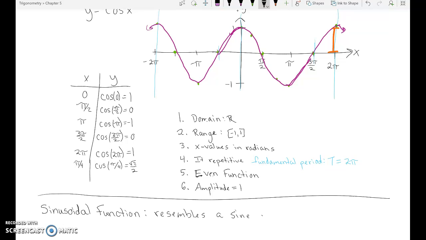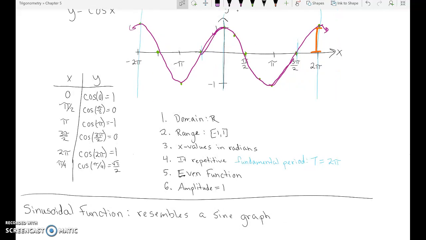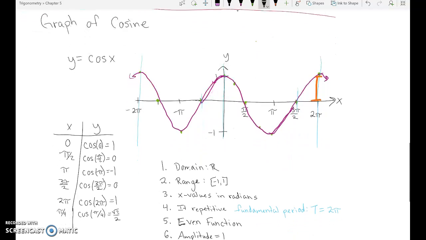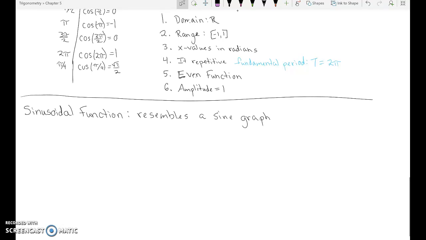If you were to take a sine graph and shift it or move it around a bit, then you should end up with what you're looking at if you have a sinusoidal function. So again, it's sinusoidal because it has that same shape as the sine function. These two graphs are the biggest graphs that are sinusoidal. You may run into others in the future, but both the sine and the cosine graph are considered sinusoidal functions. All right, and that is it for this video.